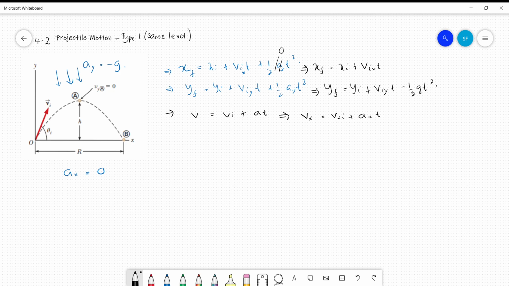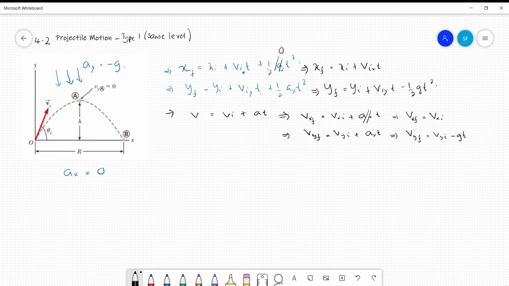Now, since ax equals 0, vx final equals vxi. How about the y component? We have vy final equals vyi plus ay t. So this will become vy final equals vy initial minus g t, after I replace ay with negative g.